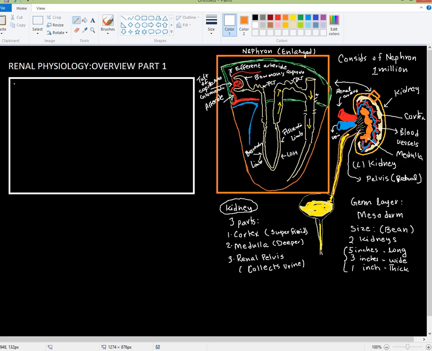This is the collecting duct, put in short CD, and then from collecting duct it goes to the ureter, which is carrying the urine from the renal pelvis and going to the bladder. This is the urinary bladder, and from urinary bladder it goes to the urethra.